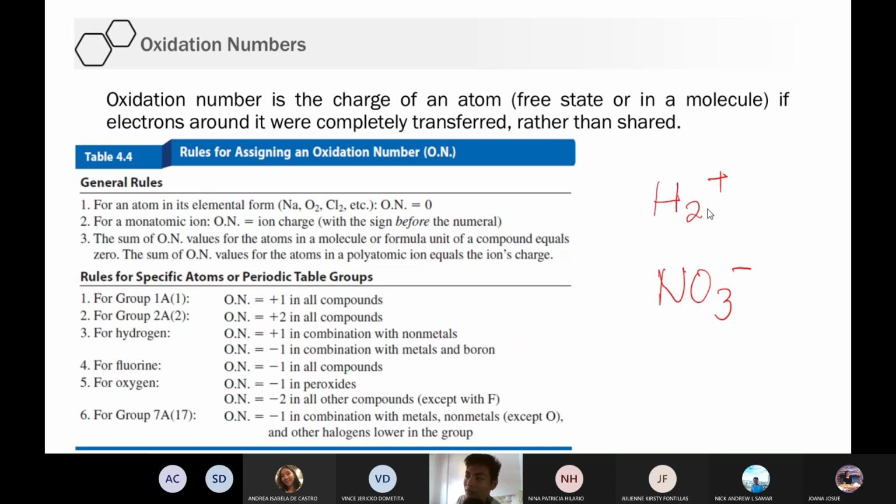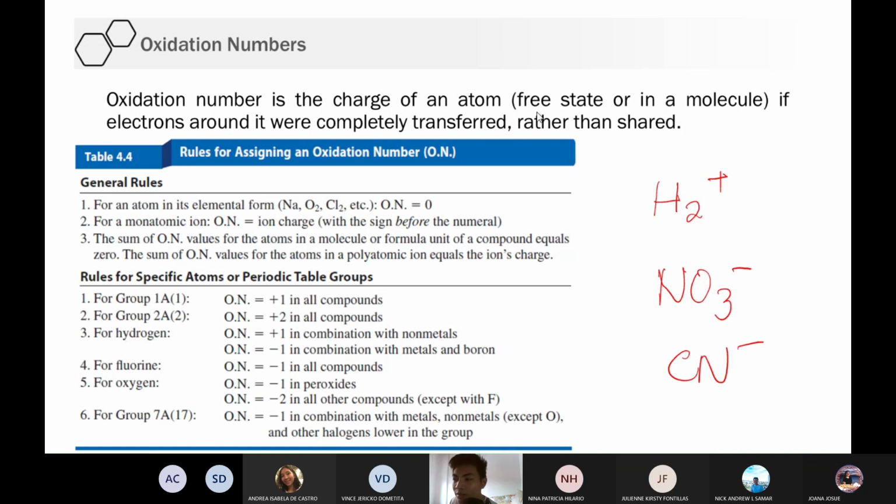This is diatomic ion. How about this? This is tetraatomic ion. 4 yung atoms. How about this? This is diatomic ion din. So, itong mga ions na to, hindi siya monoatomic ions. Ibig sabihin, the second rule will not be followed.